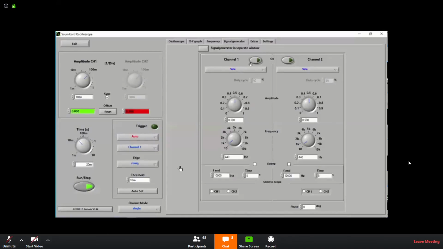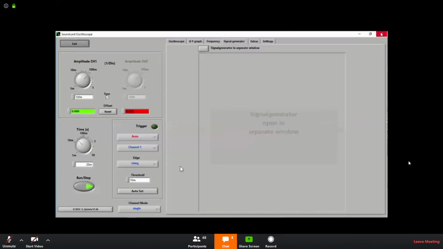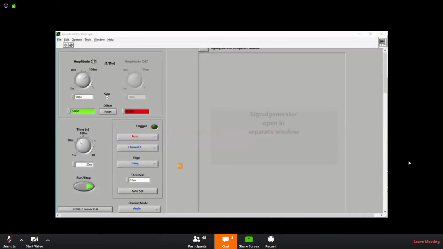See, in channel one I'm generating a sine wave. I forgot to mention that all the students who have the software can also open it along with me. So I will close it and reopen it so that you can follow the steps.